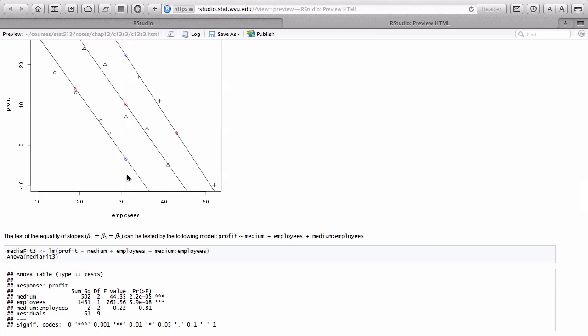They're the means computed at the common overall mean of employees, which is 31. So you can see that the model means, or the adjusted means, or the least squares means, whatever you want to call them, are quite different from the simple sample means.